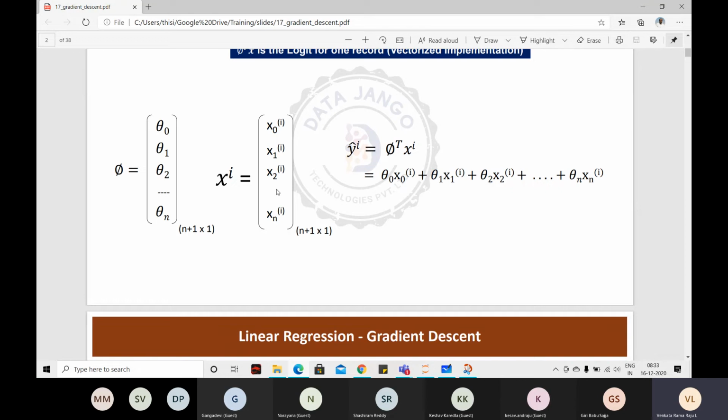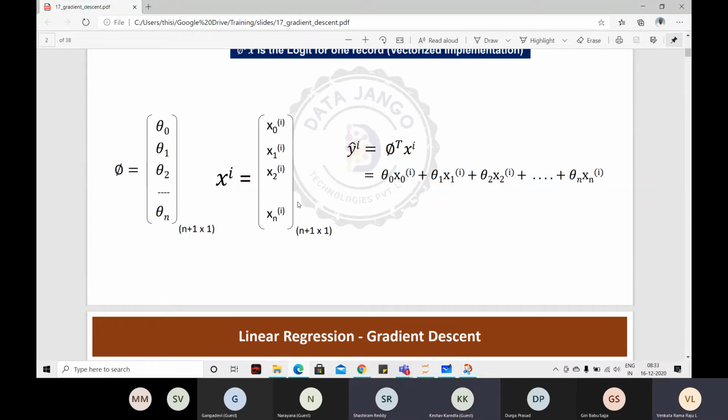When you have to predict, what you need to do in linear regression? You already know thetas. You have got a new row and you need to make a prediction for this particular row. What will you do?